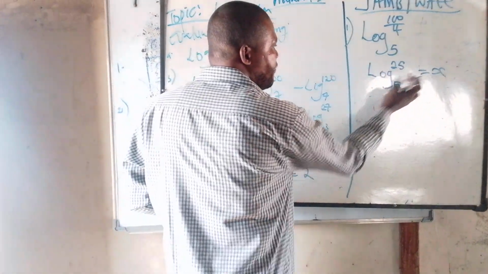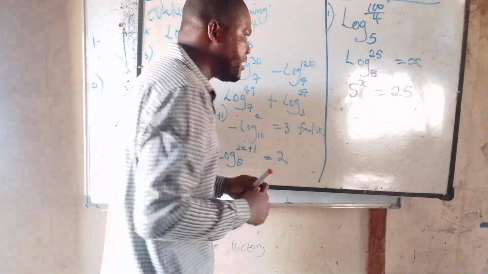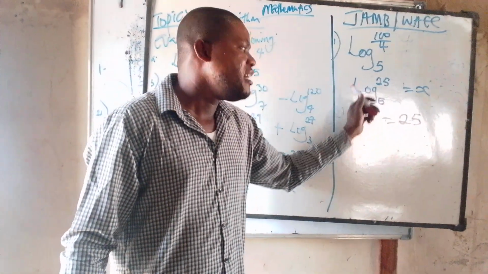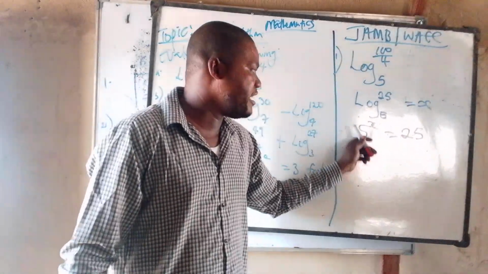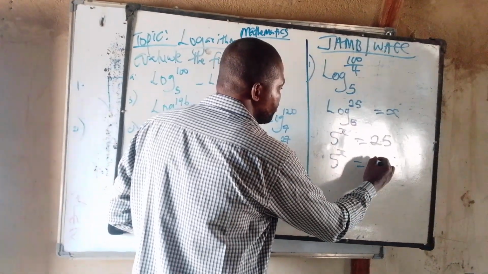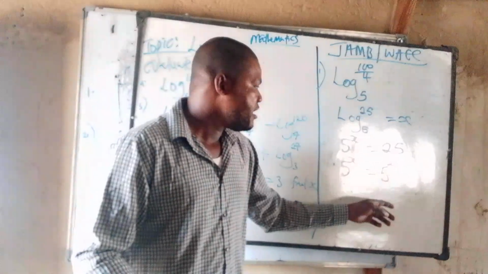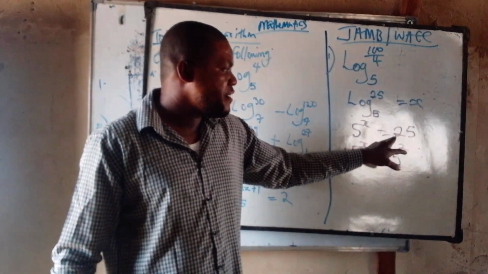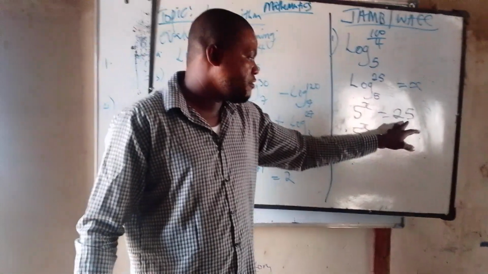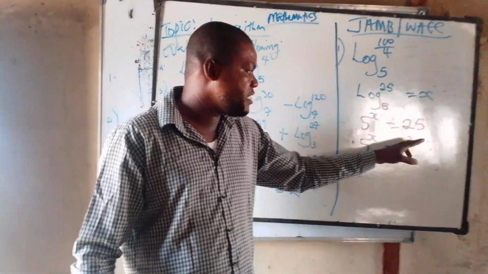From here, 5 to the power of x is equal to 25. My next step is to see how I can balance the two sides of my equation. As I have 5 here, let me also have 5 here. And from our normal mathematics, we know that 25 is 5 to the power of 2. 5 to the power of 2 is not 2 times 5, but 5 times 5, which is 25.